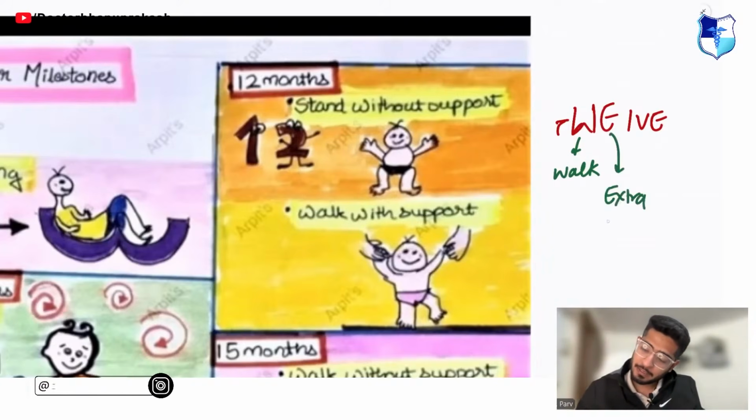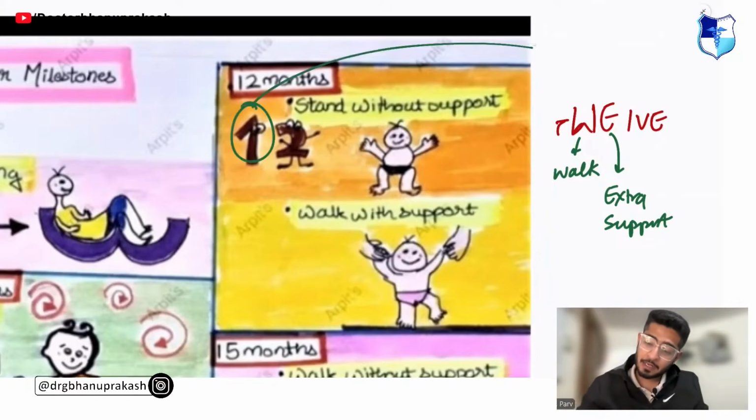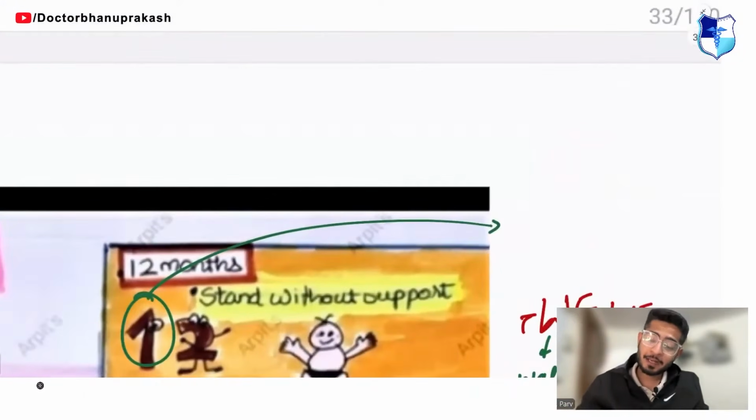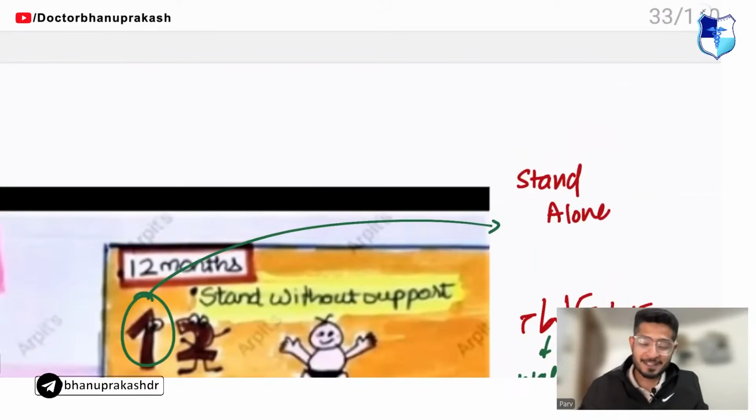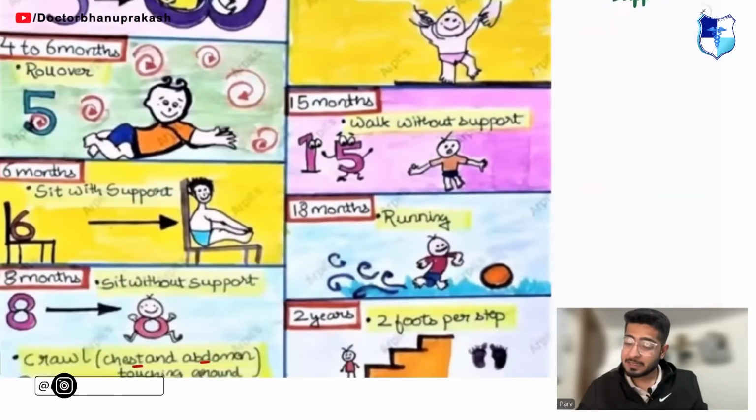And of course, one means they can stand without support. So one is actually ekla chalo re. Ekla means stand alone. But you have to remember 12 has walk with an extra support.